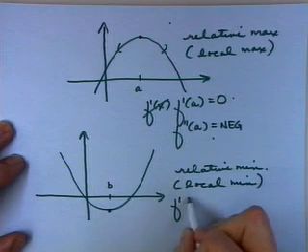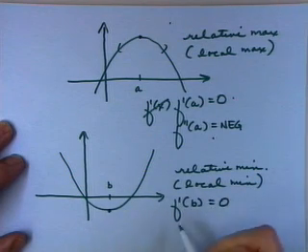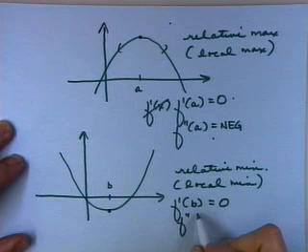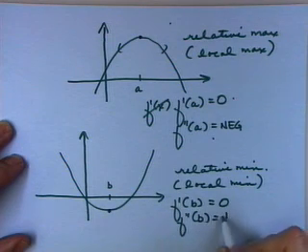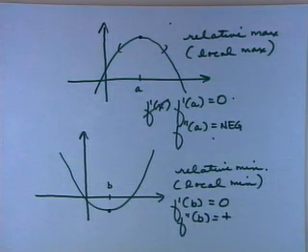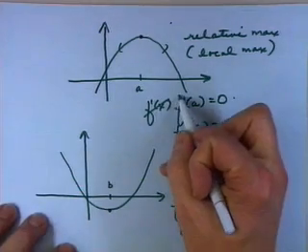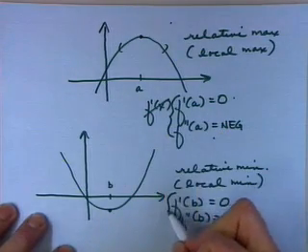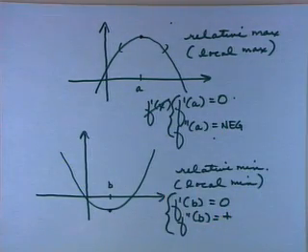Looks like the derivative at B is 0, and it looks like the second derivative at B is positive. So the only shape that could be is concave up, and we've got a flat place. It's got to be a low point. Must be a local minimum or relative minimum, or possibly an absolute minimum. It might be the very lowest point on the graph. So we're looking for combinations of things about the derivative and second derivative that will give us some indication about what is true about the original function.